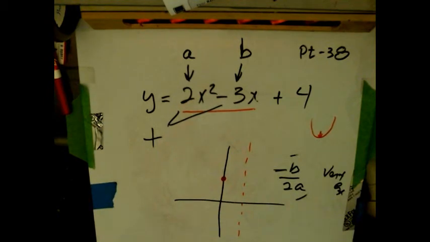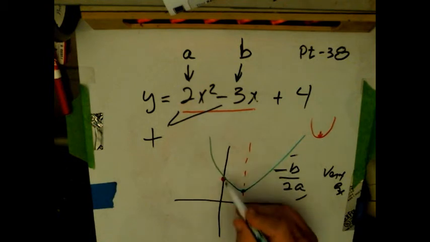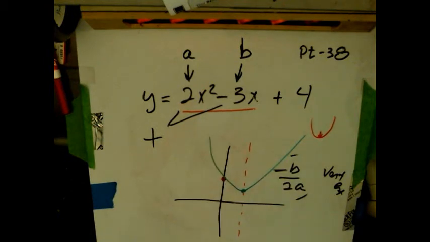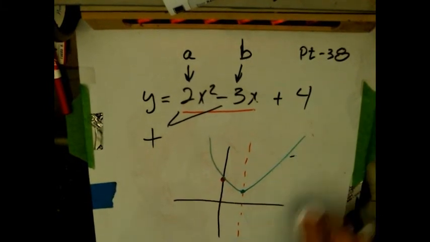Well, the vertex is the lowest point, so it has to be below that point, so I'll pick some point below that, and then I'll graph up, and I'll go through that point, and that will be what my graph looks like. Now, the questions that talk about the graphs don't specifically ask you to graph every point.